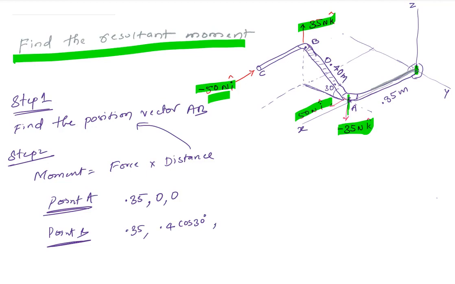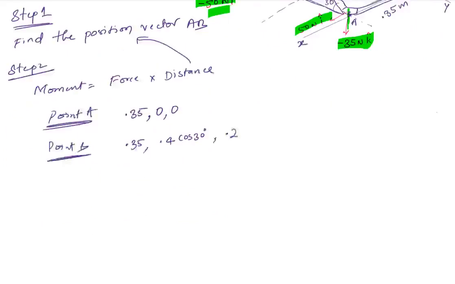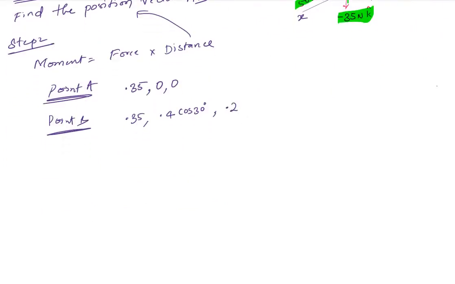So z is this height here, and because this is 30 degrees, the height is half of 0.4, or 0.4 times sine 30. Sine 30 is half. So a little shorthand you can remember is, if you see this 30 degrees opposite to the height, the height is half of the hypotenuse. So this is 0.2, okay? So we have A and B.